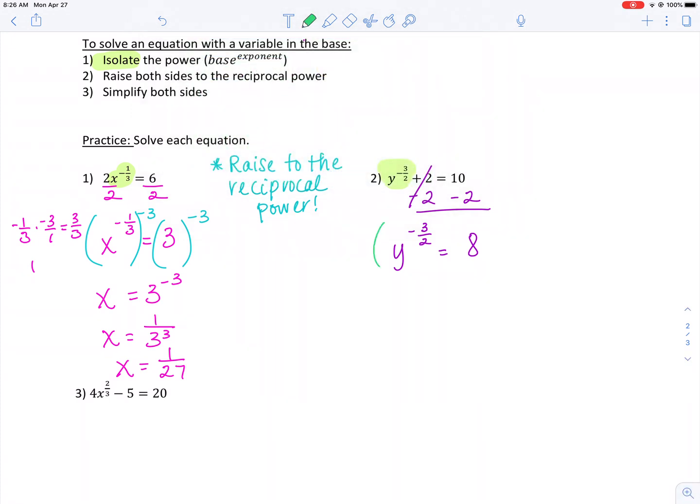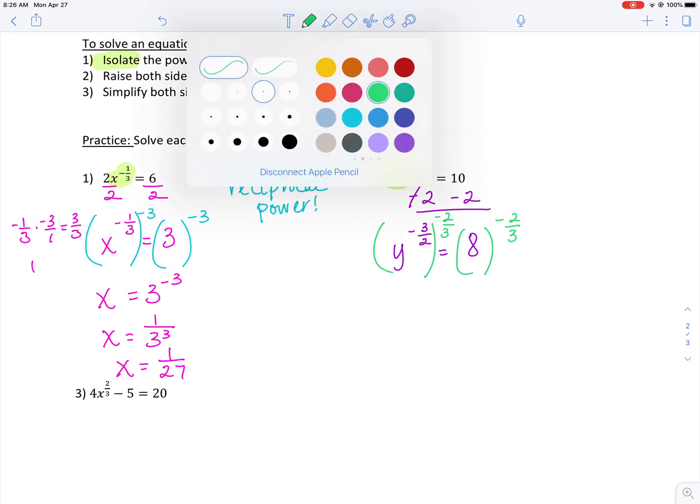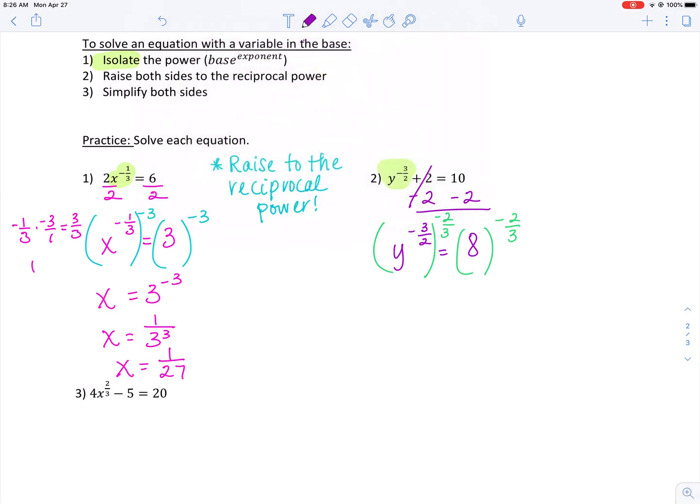So now raise to the reciprocal. The reciprocal of negative 3 halves is negative 2 over 3. So when you raise negative 3 over 2 times negative 2 over 3, you get 6 over 6, which is just y to the first power. And then we're going to do 8 to the negative 2/3 power.